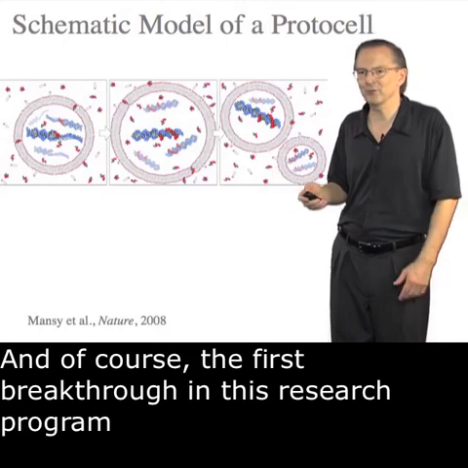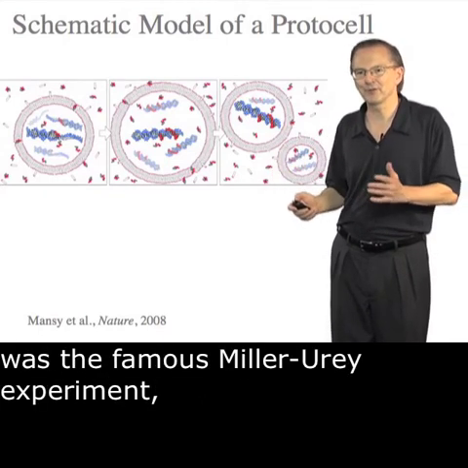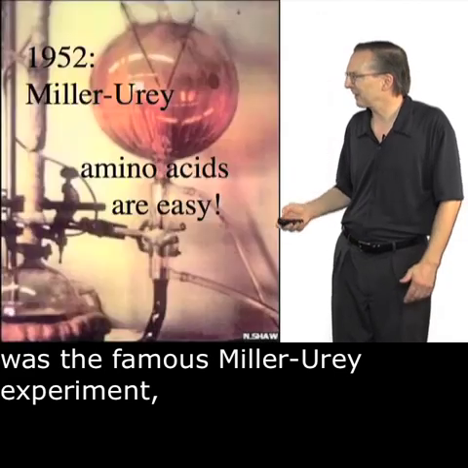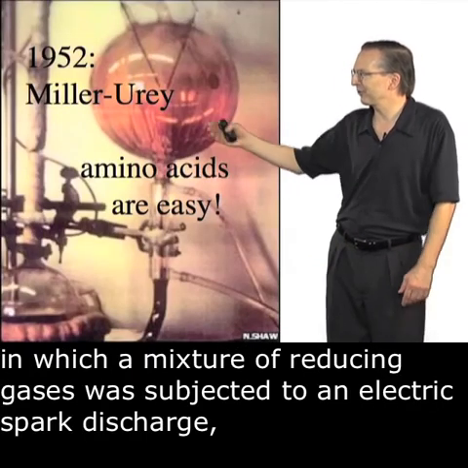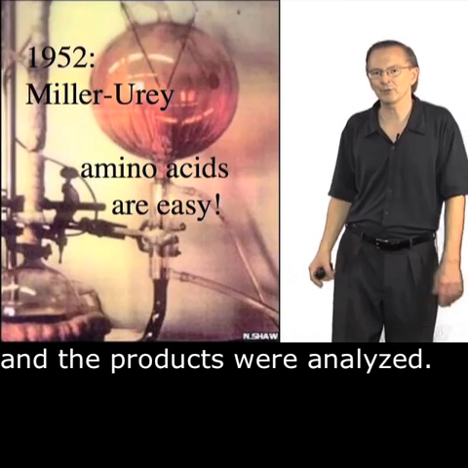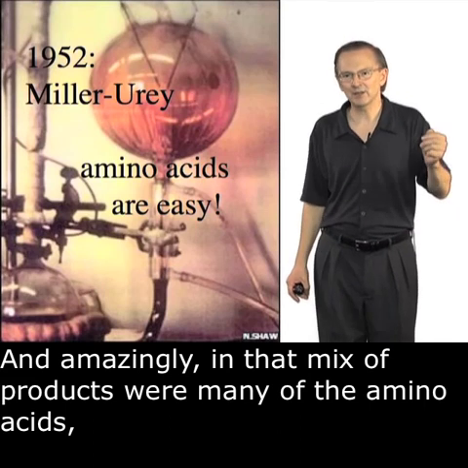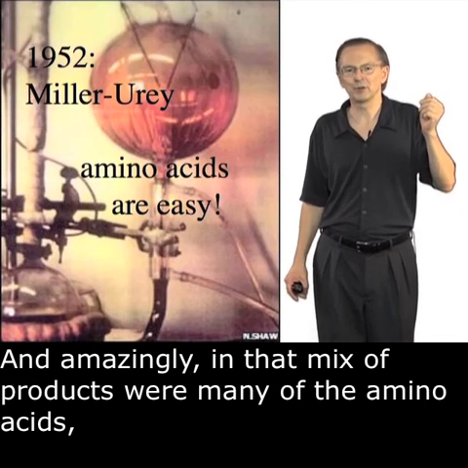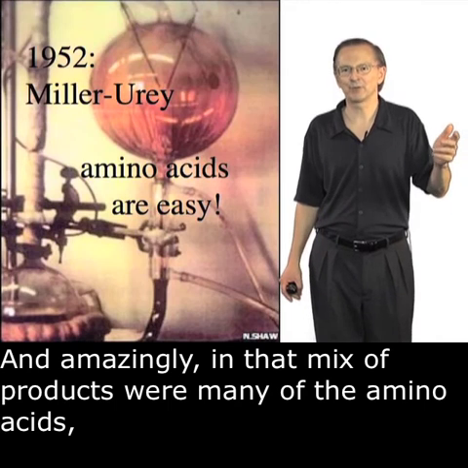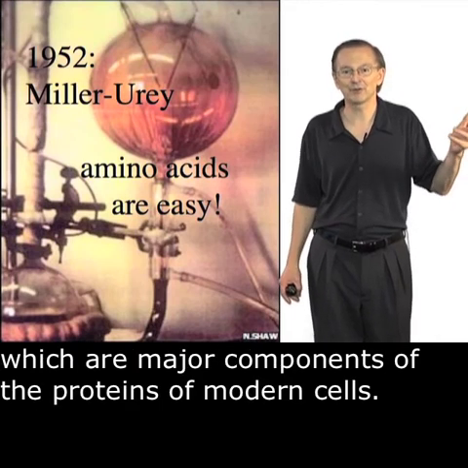And of course, the first breakthrough in this research program was the famous Miller-Urey experiment, in which a mixture of reducing gases was subjected to an electric spark discharge, and the products were analyzed. And amazingly, in that mix of products were many of the amino acids, which are major components of the proteins of modern cells.